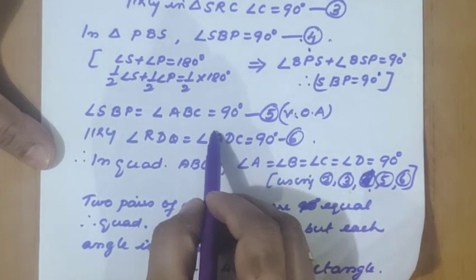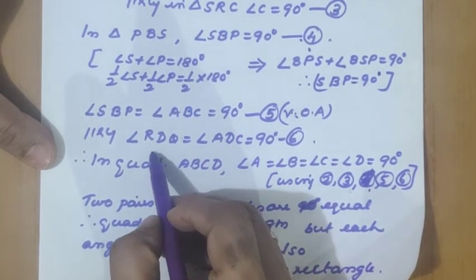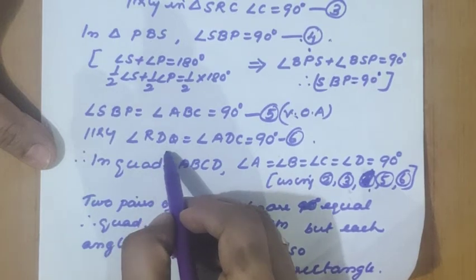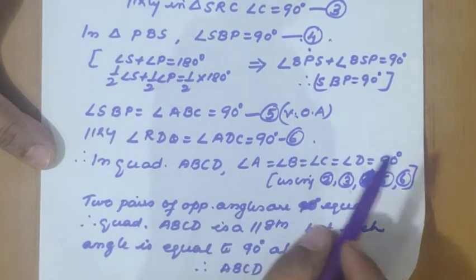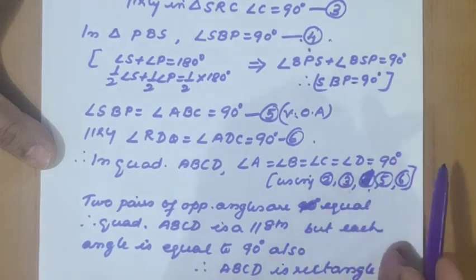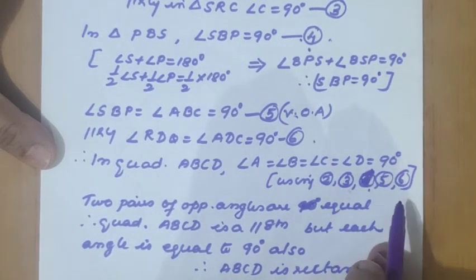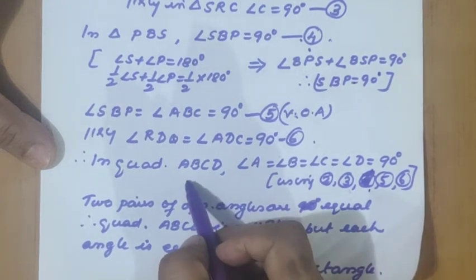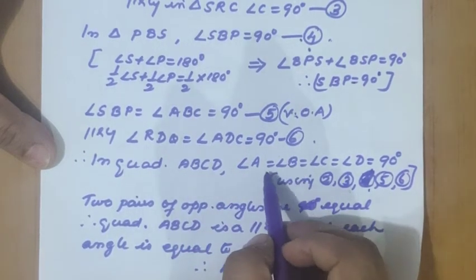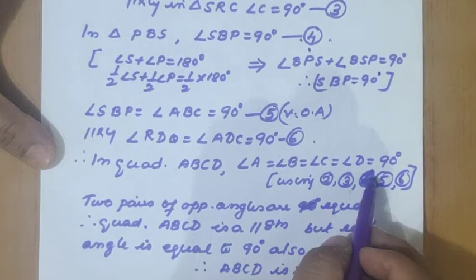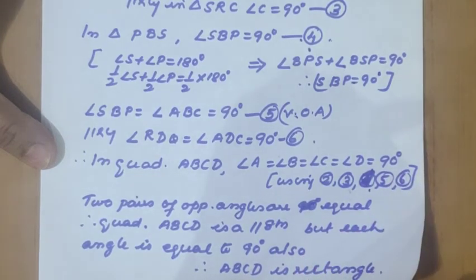The same criteria we use, and we get angle RDQ equals angle ADC equals 90 degrees. Now if you use equations 2, 3, 5, 6, we get that in quadrilateral ABCD, angle A, angle B, angle C and angle D are each equal to 90 degrees.